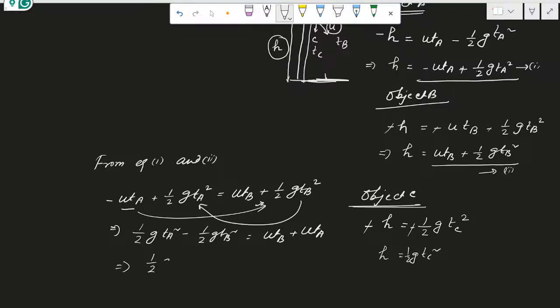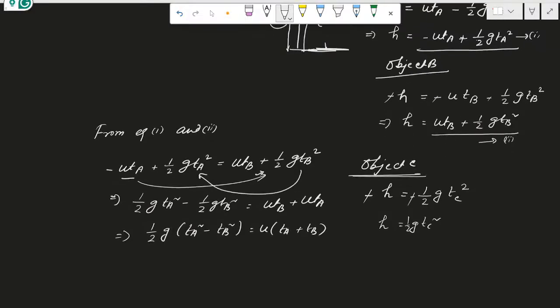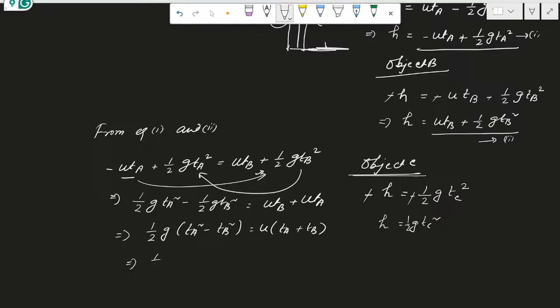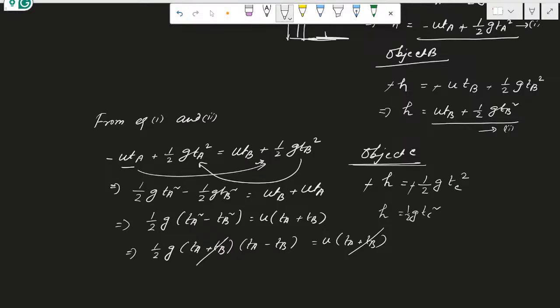Half g, ta square minus tb square, u common, ta plus tb. So half g (ta plus tb)(ta minus tb) is equal to u (ta plus tb), and ta plus tb gets cancelled.